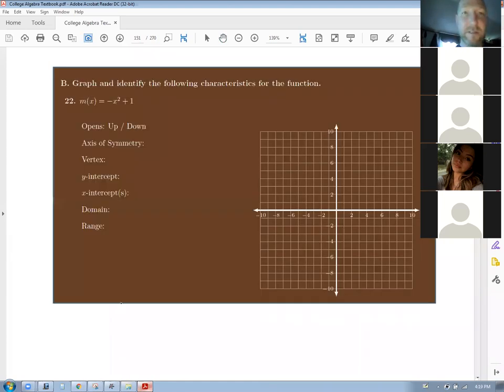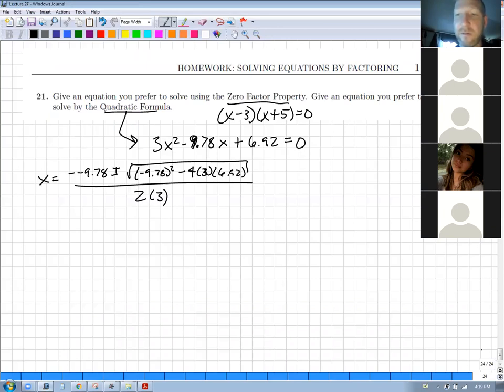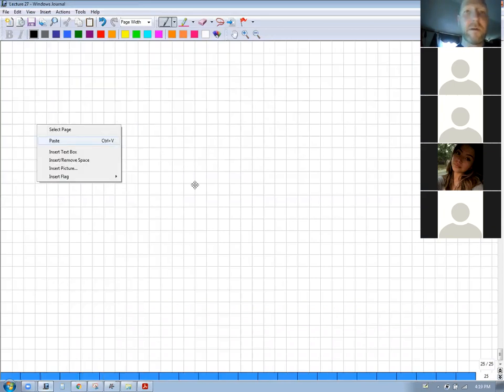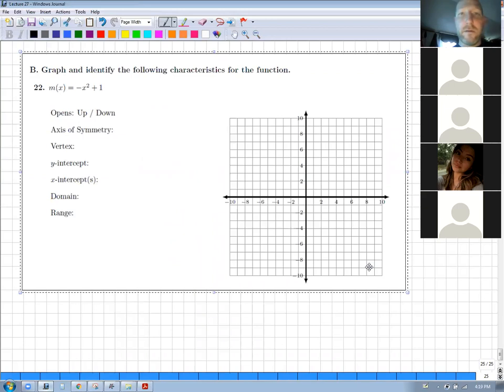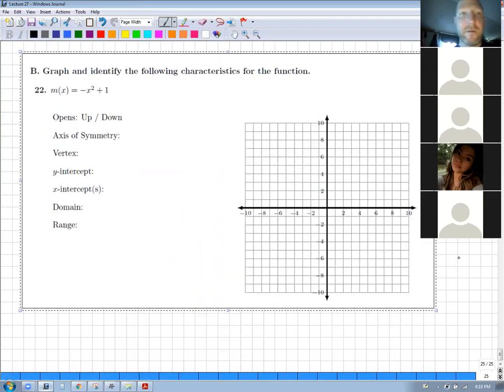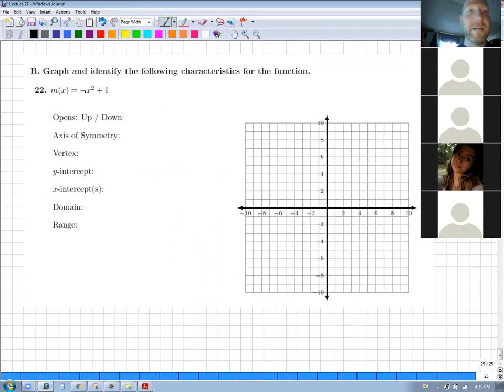Let's graph this guy. Let's see, A here is negative, right? So it opens downward. The axis of symmetry was at negative b over 2a. Now remember this stuff? There is no b here, so that's at 0.